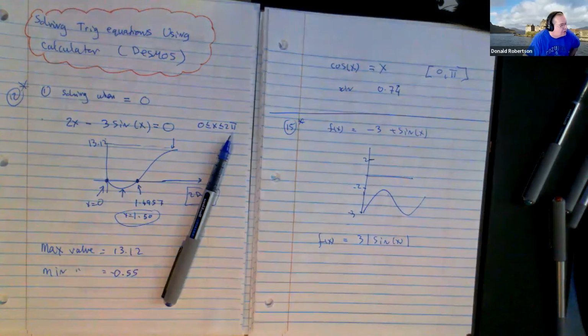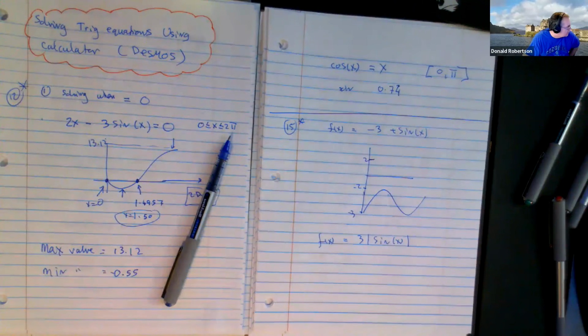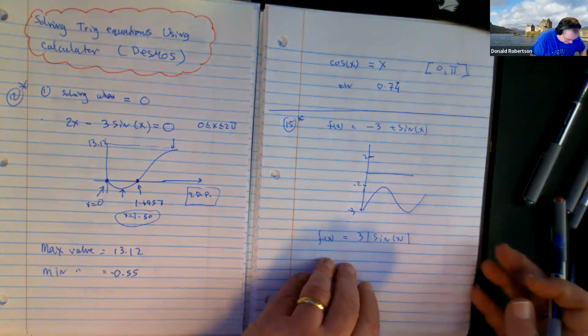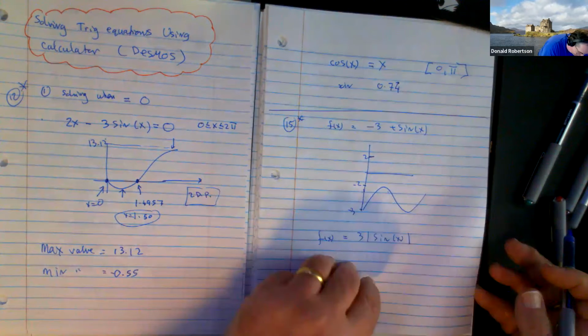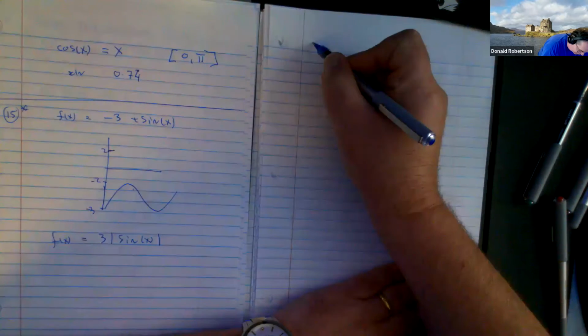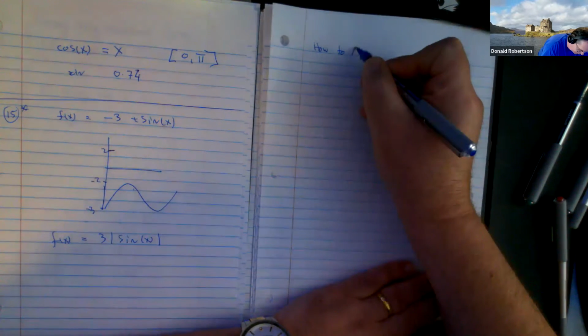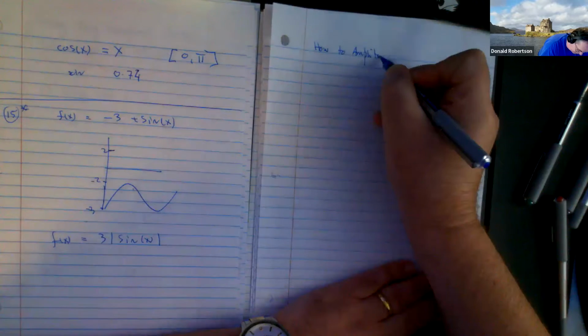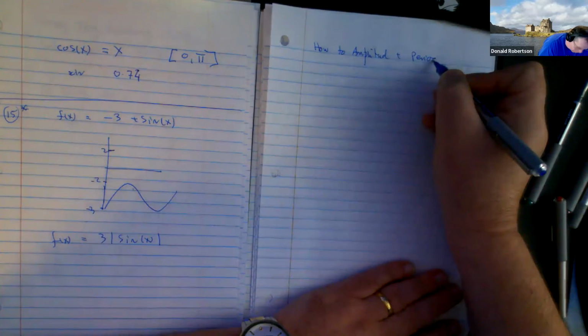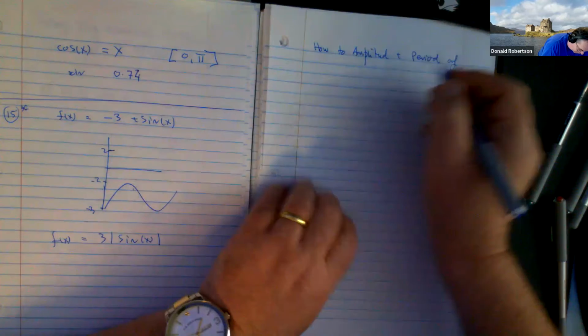And we move on to a new topic, still in that same section, but a new thing. We're back to finding how to find amplitude and period of functions that look like this.